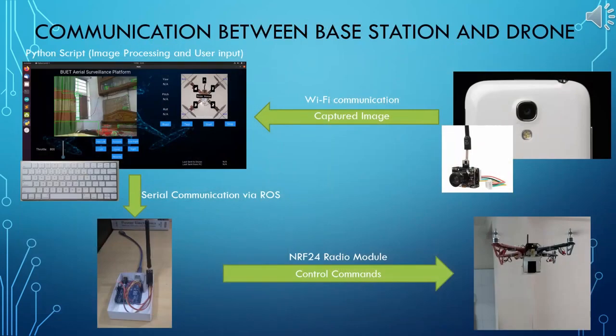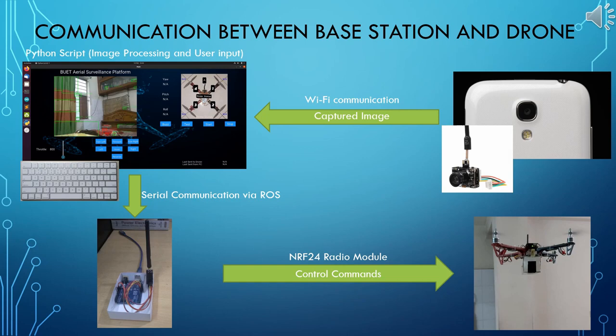And now we explain how our communication takes place. There is two-way communication in our project. First, the drone is controlled from the base station by operating the user interface. The UI can take commands from both the buttons as well as the keyboard, which is sent to the base station radio module using serial communication, which further relays the command using radio communication to the drone.